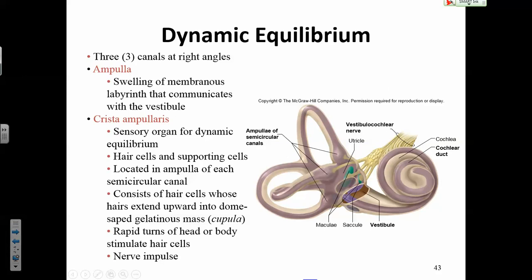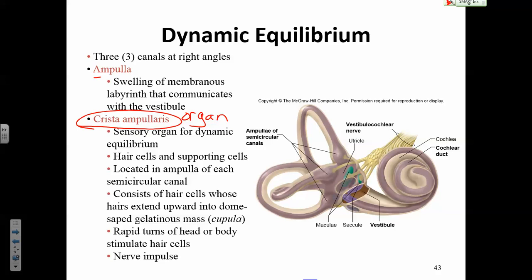Okay. Dynamic equilibrium keeps your balance when your head is moving around. The organs for that are located in the semicircular canals. The name of the organ is the crista ampularis. Its location is at the base of each semicircular canal, within that membranous part.